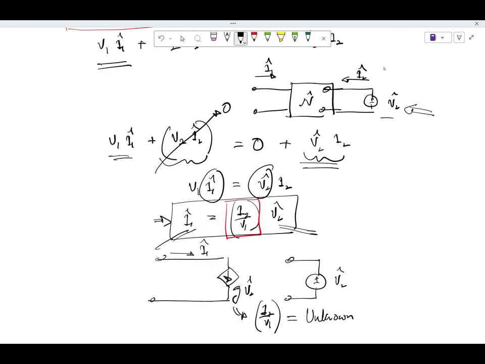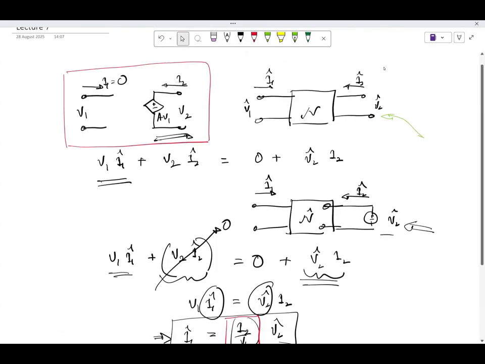But if I then decide not to apply a voltage excitation but a current excitation, then we retain this term and get this one to 0. That's what we did in the last class.